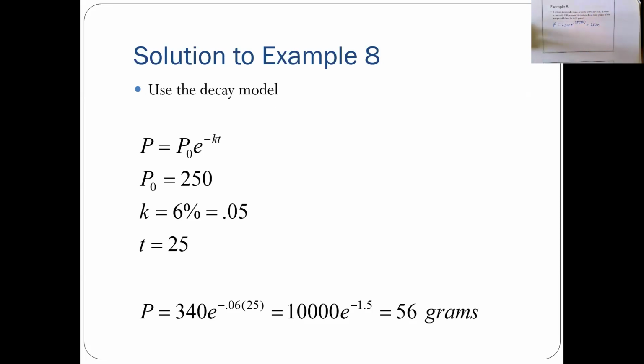If we multiply those two numbers in the exponent, we get negative 1.5. You can actually just do that on one line on your calculator. It's better to do it that way because then you don't have to worry about rounding error. So if you go 250 times e to the negative 1.5, you get 56 grams.